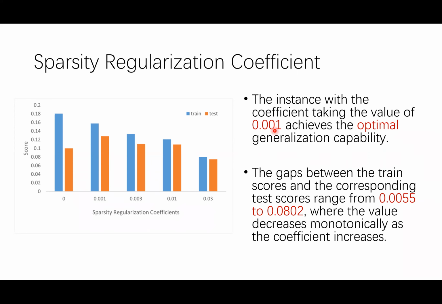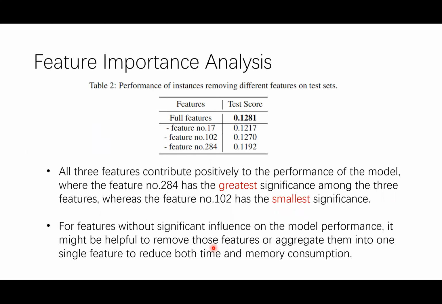And we have the following observations. One is that the instance with the coefficient of value 0.001 has the optimal generalization capability. And the gaps between the train score and the test scores are in this range. And the values will decrease monotonically as the coefficient increases.